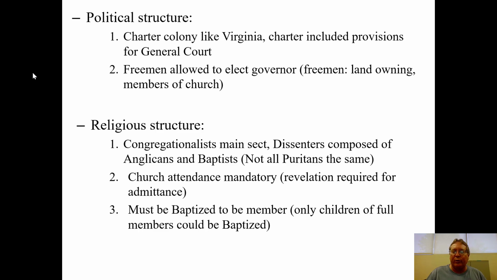You have to go to religious meetings to kind of prove you're a part of the group. And then, of course, you have to be baptized into the church of these Puritans, right? So what I mean by that is, when you're born in one of these Puritan families, you are baptized into their particular community church, and you're always going to be a member of that community.